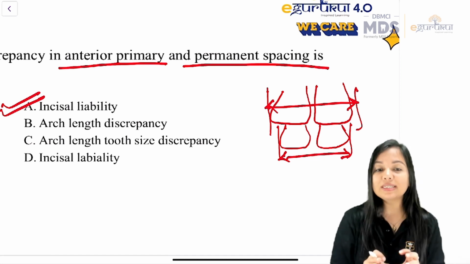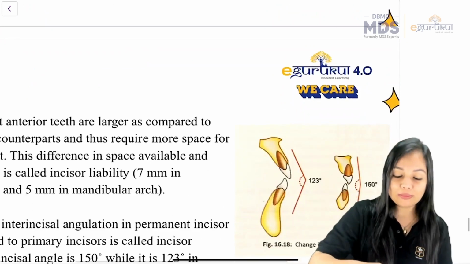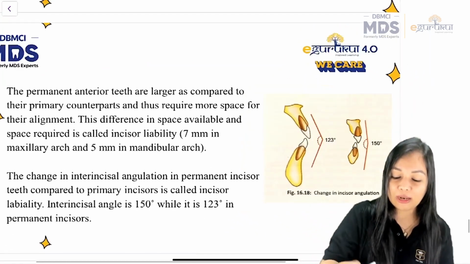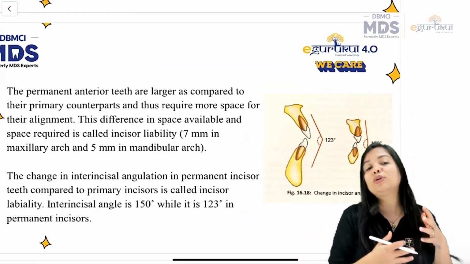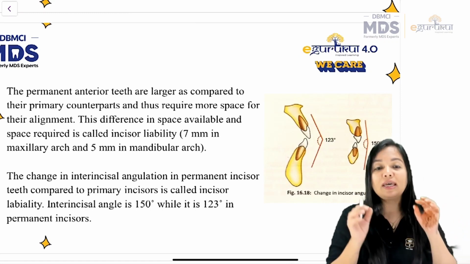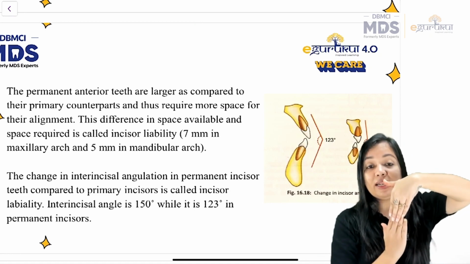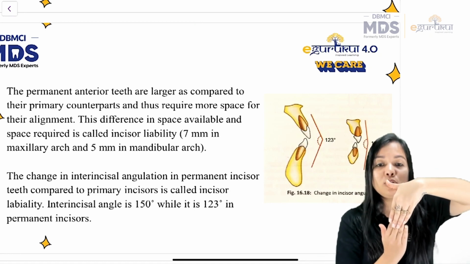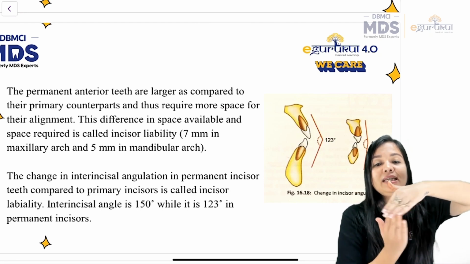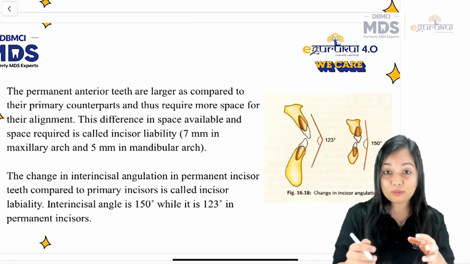So how do they take care of this liability? This is taken care of with the help of the inclination. Apart from the physiologic spaces being used, there is an inclination. Anything that is inclined at a greater angle will take up more space, and anything that is inclined at a lesser angle will take up less space.